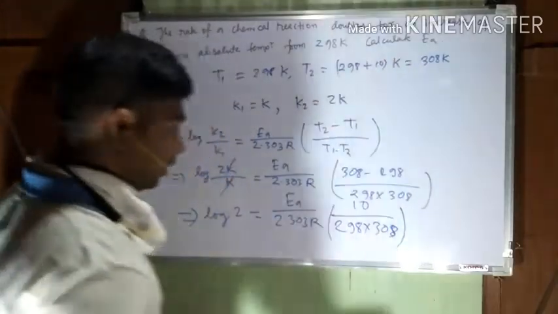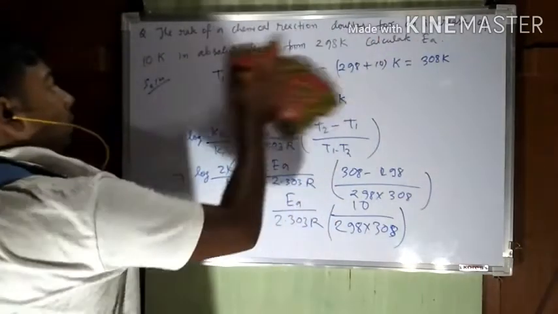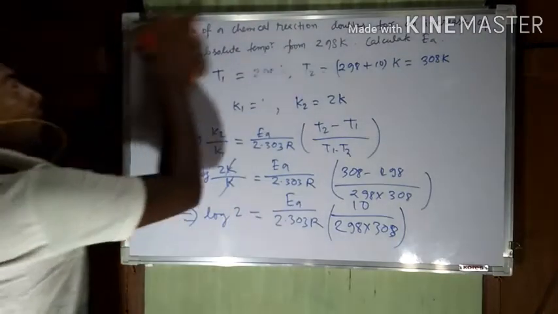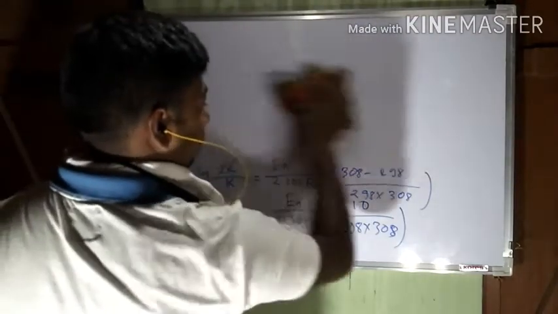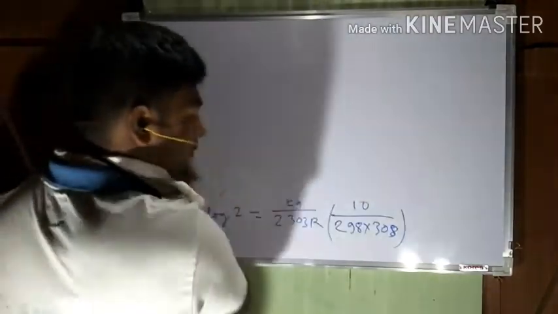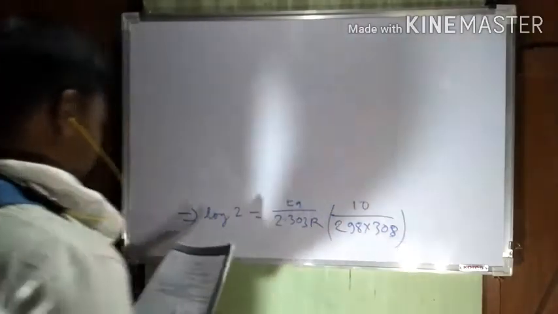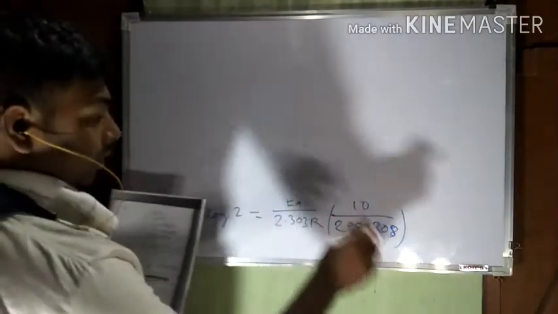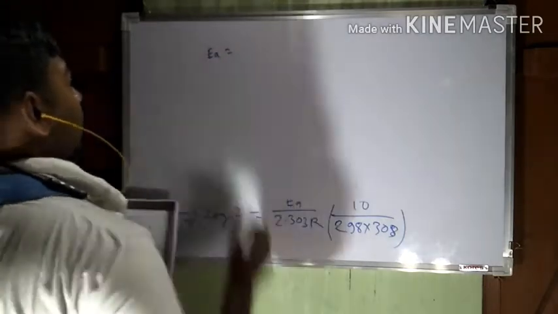I didn't multiply in these steps. See the next steps, you can take a screenshot. If you simply multiply and divide, you get the answer.